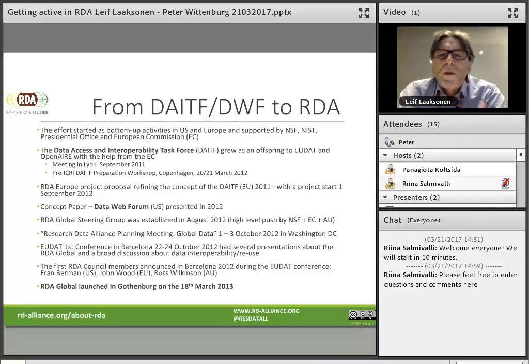There was a growing interest in how to handle research data and make it reusable in a very broad sense. In Europe, we talked about something we called the Data Access and Interoperability Task Force.